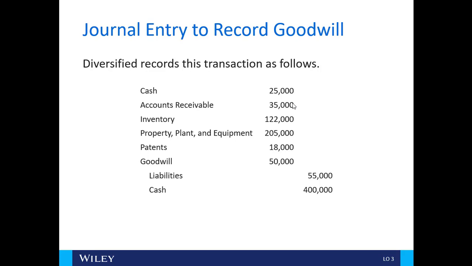Here's how much the cash is worth, the receivables, inventory, property, plant, equipment, patents. Here's the liabilities that they have, and the difference is the goodwill. That's how much more we spent in cash over the value of the resources. That's what goodwill is, that extra something we paid more than the value of the assets because we really wanted the company. We felt like they had some intrinsic value that was more than adding up all the assets.